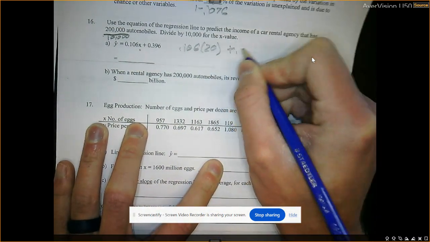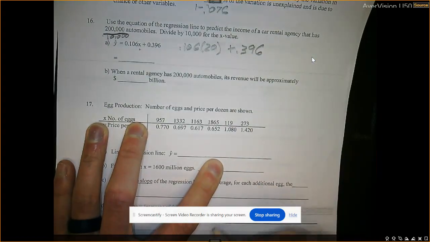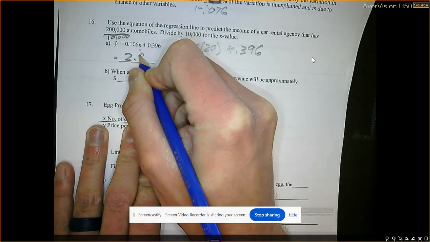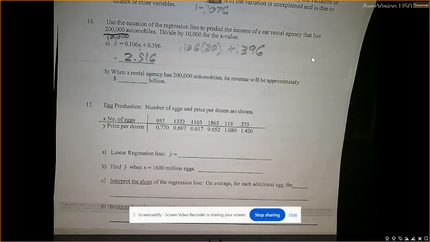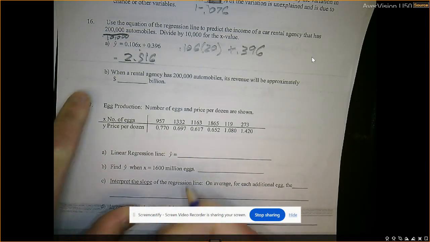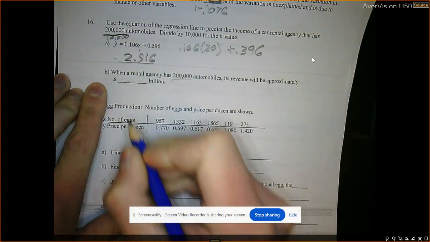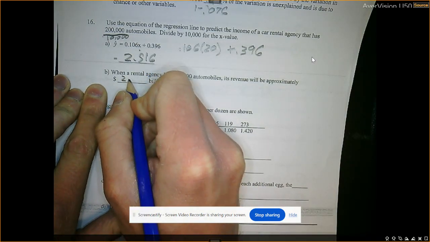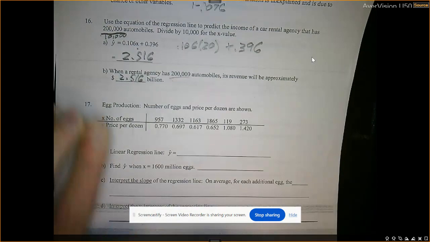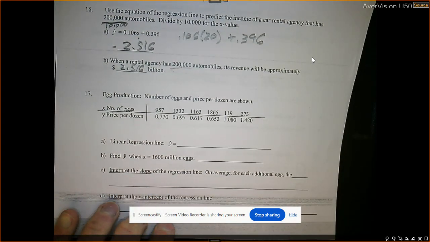And then that's plus the 0.396, and that equals 2.516. Which means when a rental agency has 200,000 automobiles, its revenue will be approximately 2.516 billion. Okay, that's what we found.